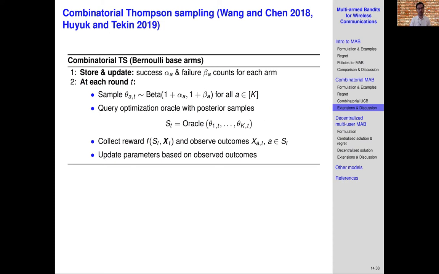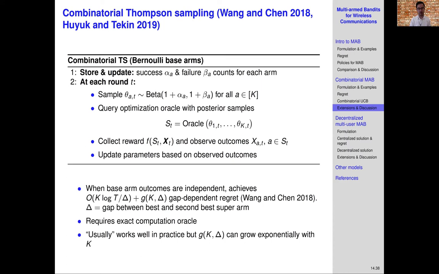The oracle returns an optimal solution by assuming that the true parameters are equal to these posterior samples. Afterwards, the superarm is played, the reward is collected, and the observed base arm outcomes are used to update the posteriors of the base arms in the selected superarm.